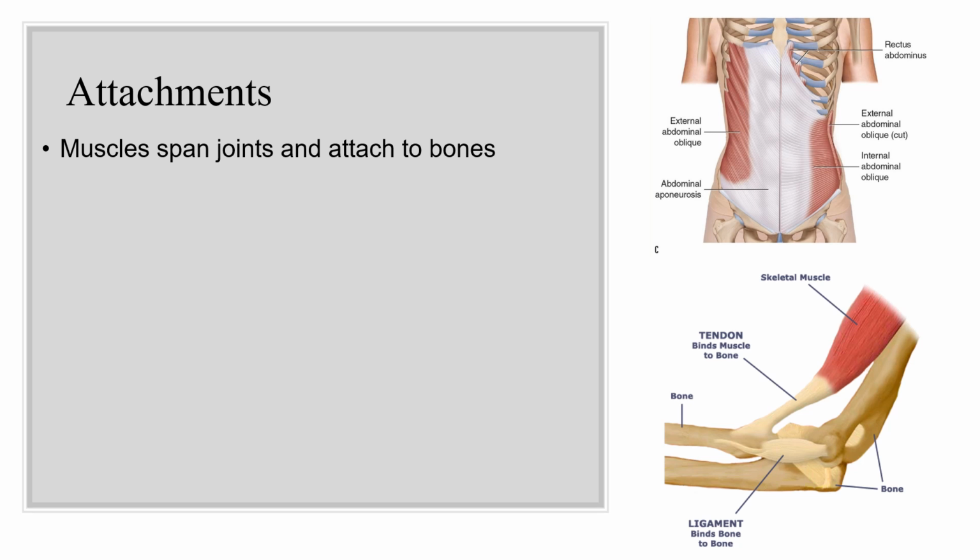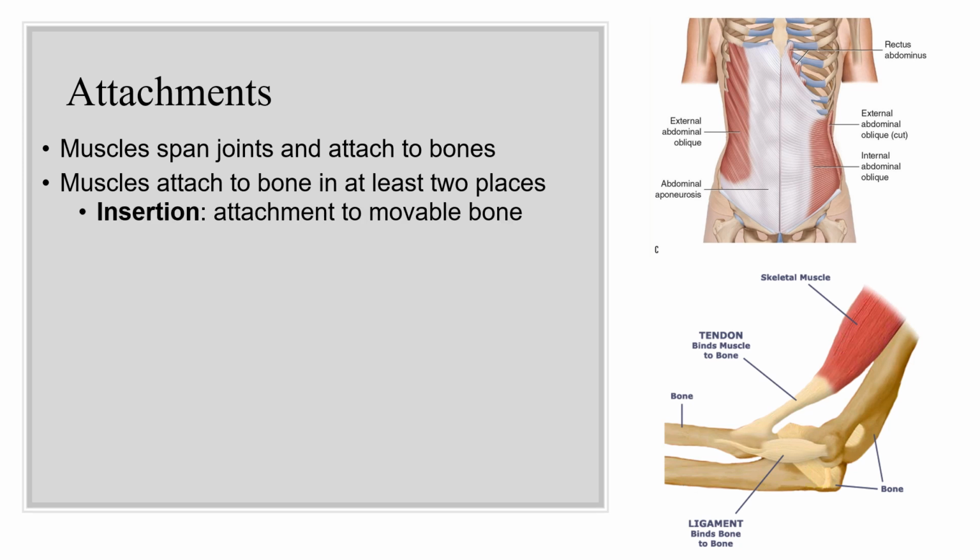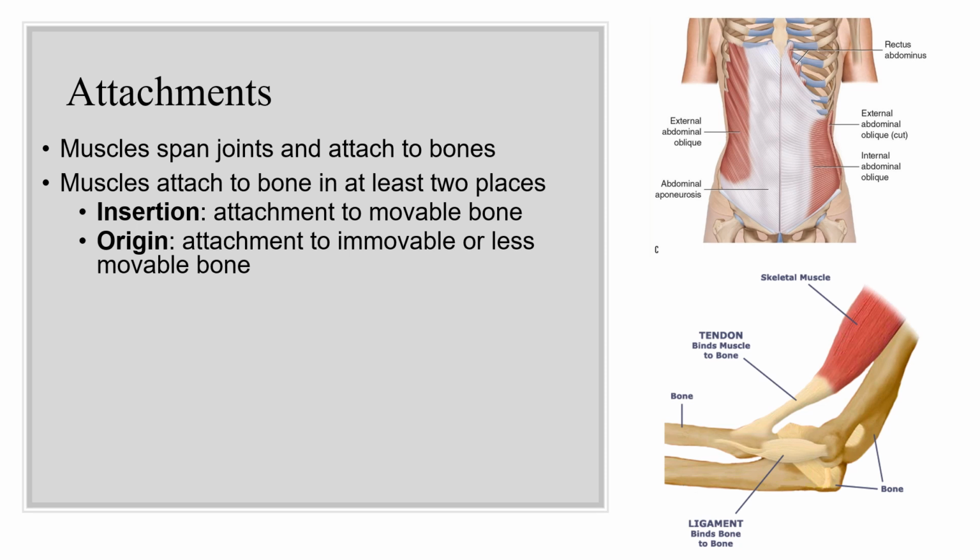Now, the way that you have attachments with kind of muscle to bone is there's a couple different ways that this can happen. And one of the big things you're going to have to learn in lab are kind of the attachments in the 2 places that we're going to call the insertion, which is kind of where the muscle attaches to the movable bone, and the origin, which is where the muscle attaches to an immovable or less movable bone.